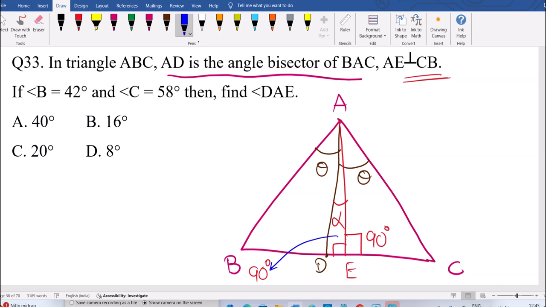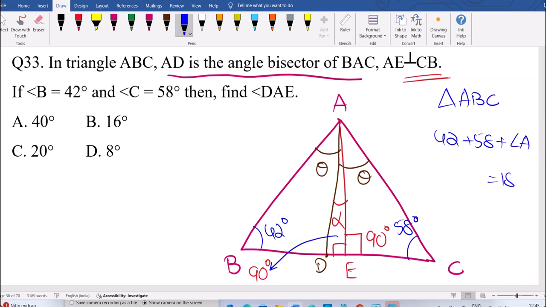They have given angle B is 42 and this is 58. Then what will be angle A? If we go for triangle ABC, the sum of all the angles must be equal to 180. Already 42 plus 58 plus A must be equal to 180.